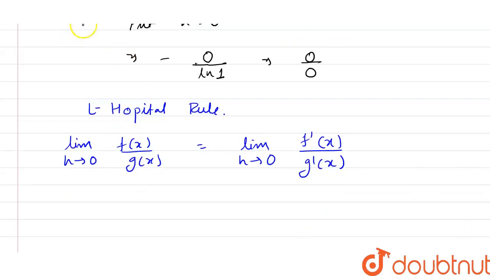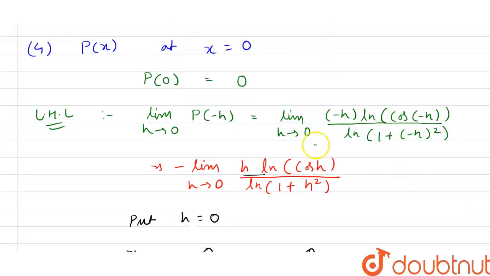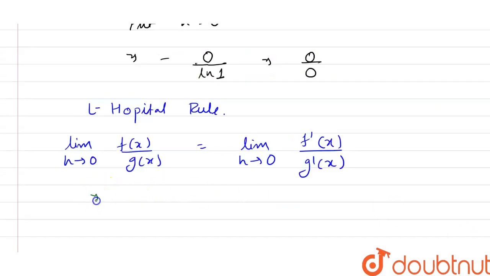So if we apply this rule, this can be written as minus limit h tends to 0.